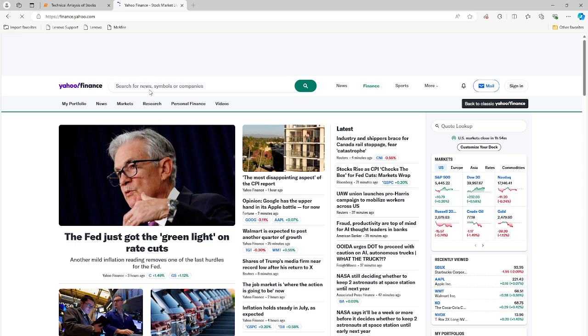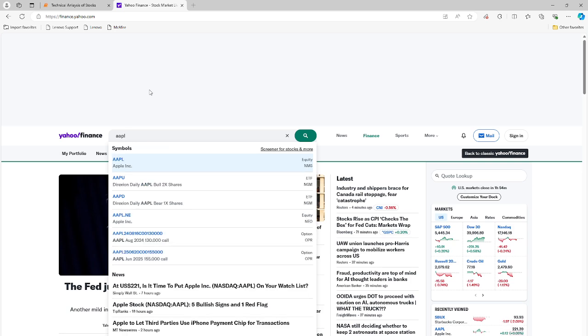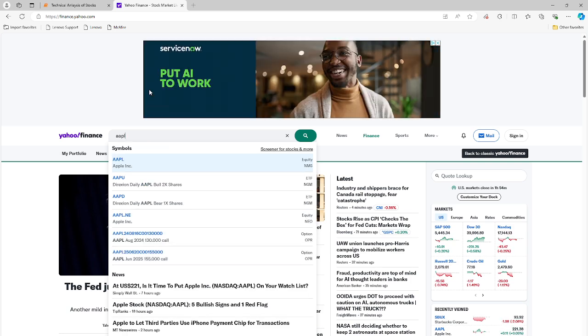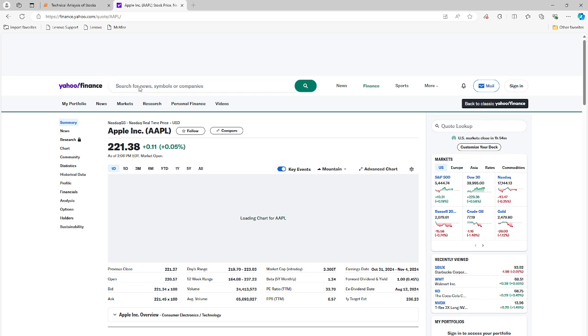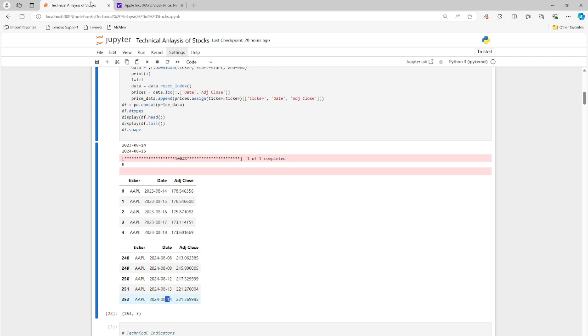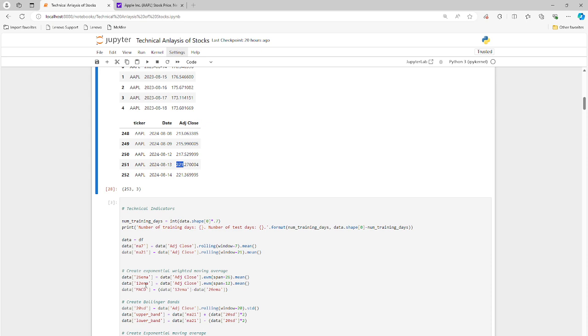Okay, Apple, where are you? AAPL. Yep, right there. 221.38. Okay. So this is actually updated in real time as of today. So this is going to be a real-time number, and all of this is end of day data from when the market closed yesterday. Okay, so we're good with that.